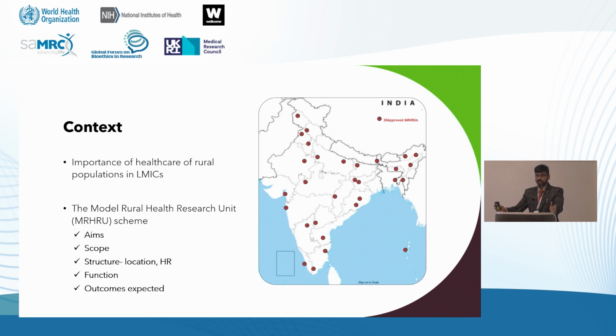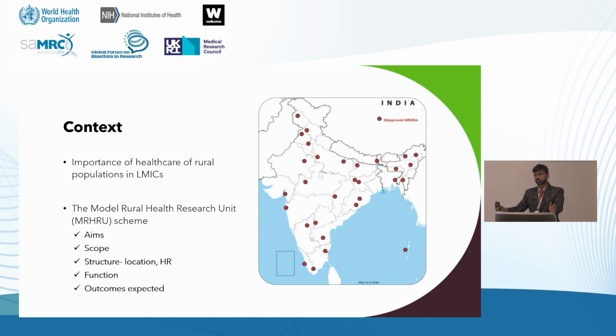Like I said, these are located within the campuses of primary healthcare settings, and the products of this research are intended to be implemented in primary healthcare settings in rural areas. They function with a bare minimum staff of 8 people trained in multiple domains of health research, and they carry out research across these units.